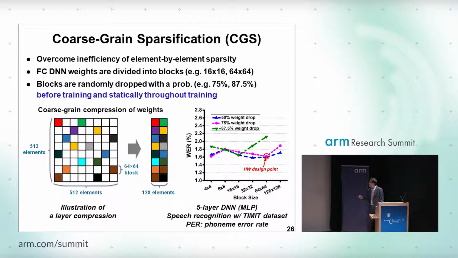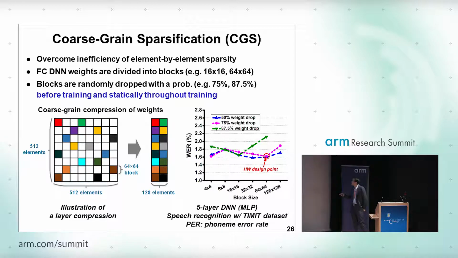Of course, we don't want to sacrifice any accuracy, and we implemented this in different ranges of speech recognition applications with different data sets. So this is depicting the 5-layer DNN, a fully connected multi-layer perceptron, or MLP, for a DARPA resource management database, and I'm reporting the word error rate here for speech recognition.